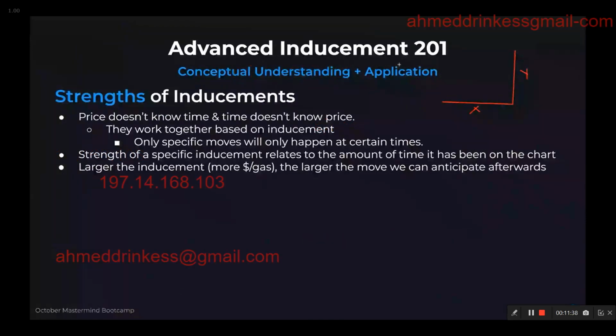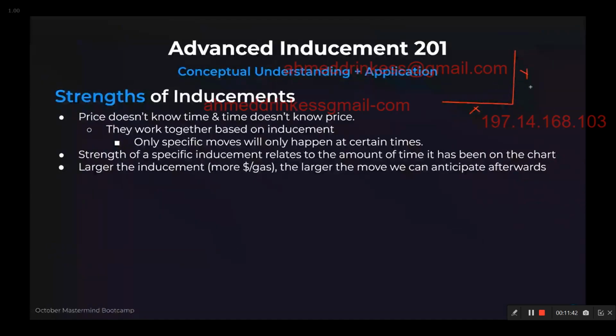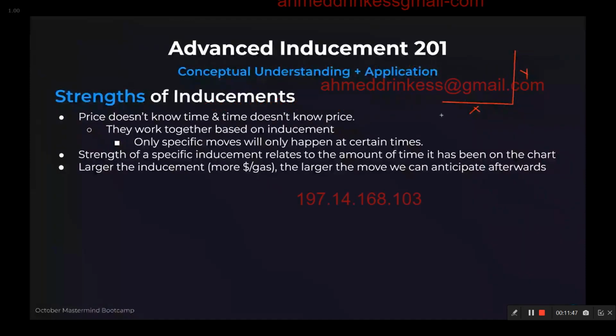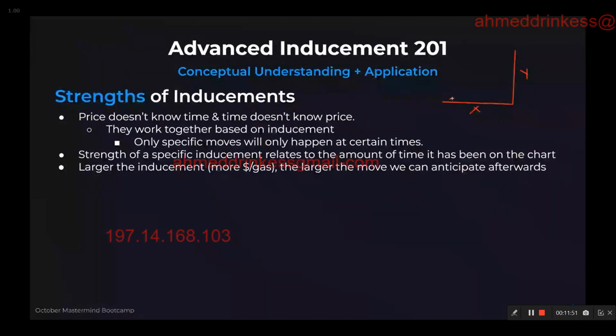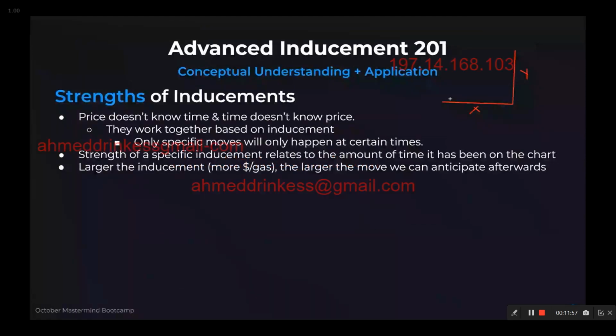When it is 2:53 a.m., price doesn't know that it's 2:53 a.m. But even though they don't know one another individually, they work together collaboratively. So when it is specific times at specific places, specific things will happen.